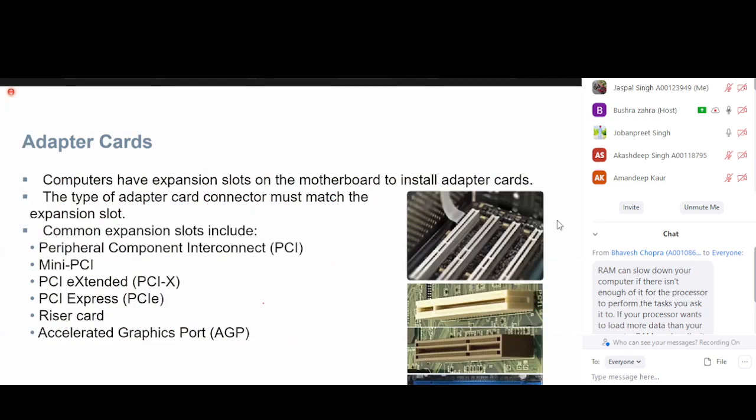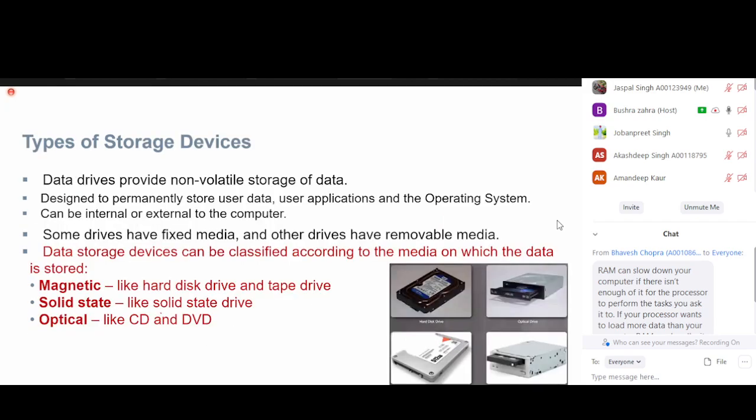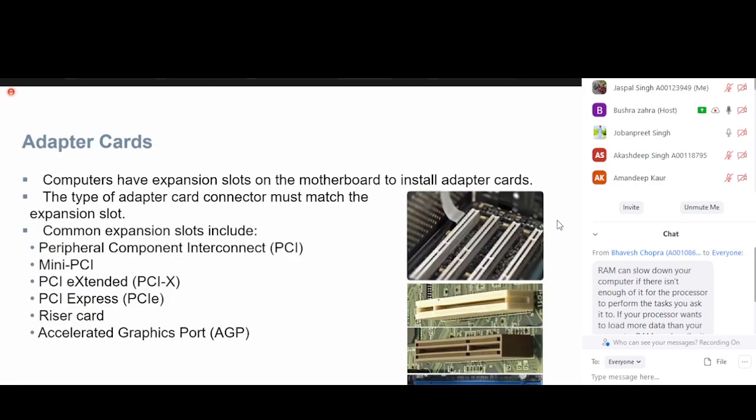So where do they go? Those cards go in their corresponding expansion slots. Most of them go to PCI, the latest expansion slots we have, PCIe, PCI Express, or PCI-X, PCI-X 16, or PCI 8 multiplied by 4.